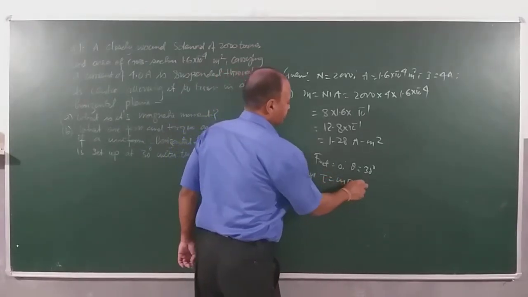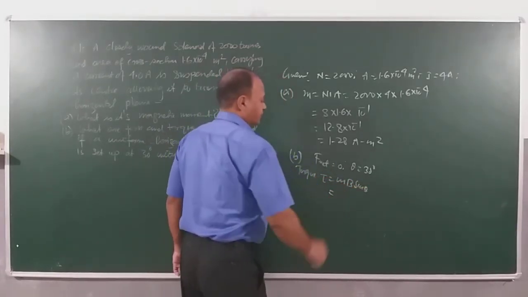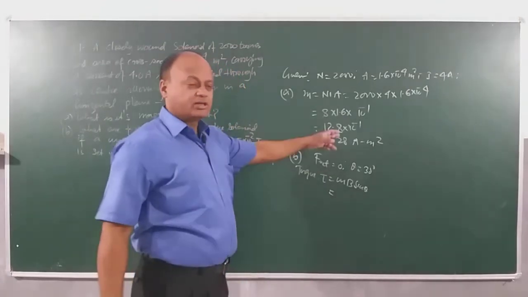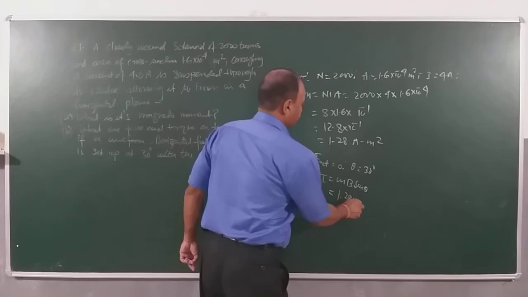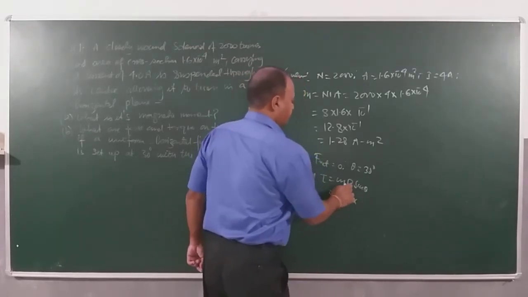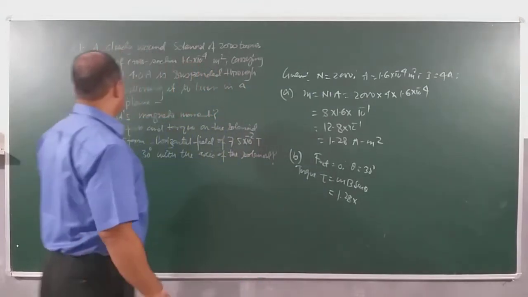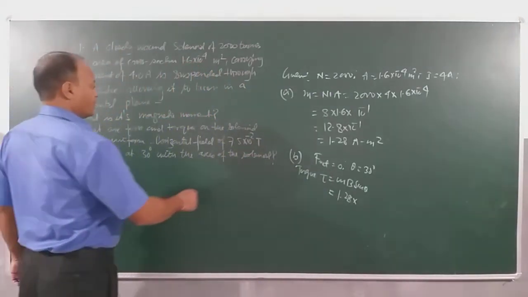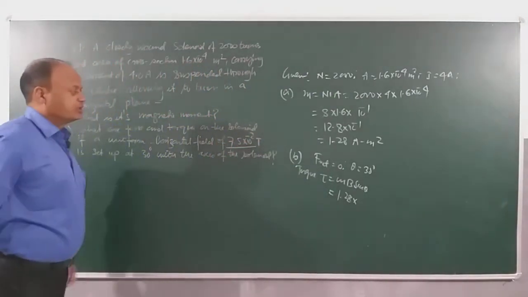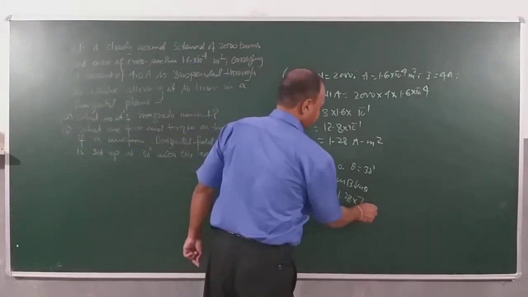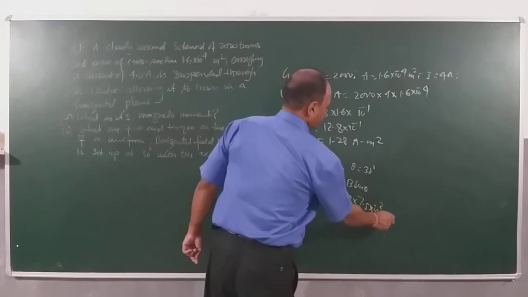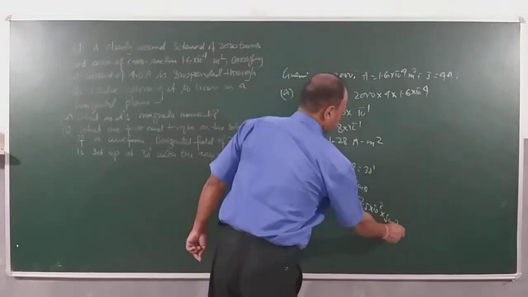So torque developed will be, you know, it is mB sin theta, right? And then we already calculated 1.28 into B. How much magnetic field, children? 7.5 into 10 to the power minus 2 Tesla, and sin 30.